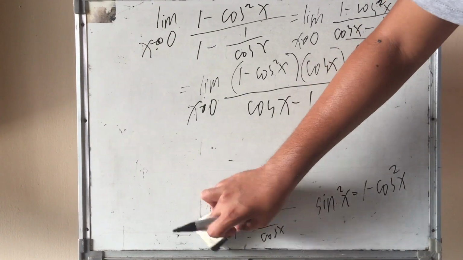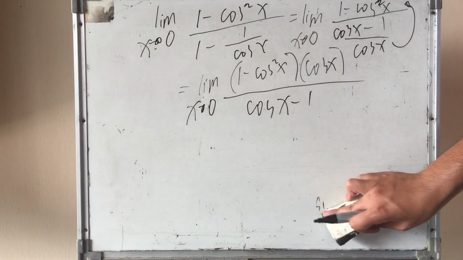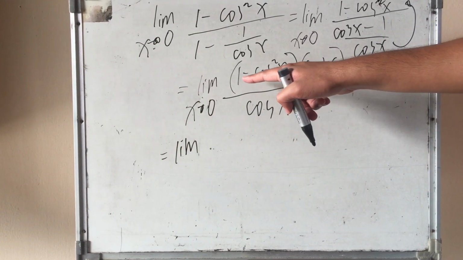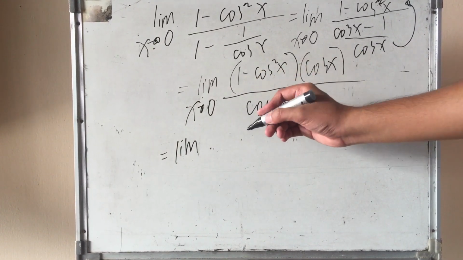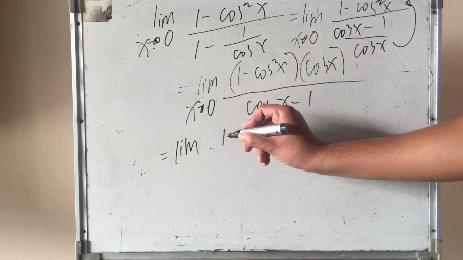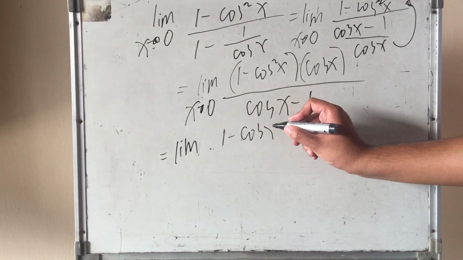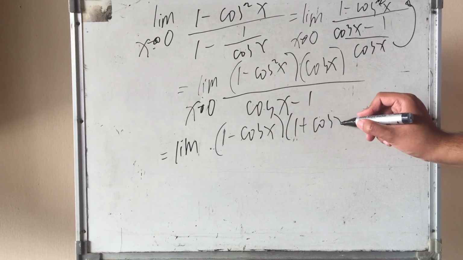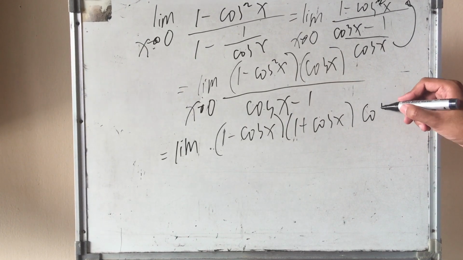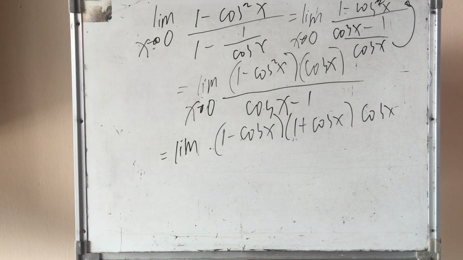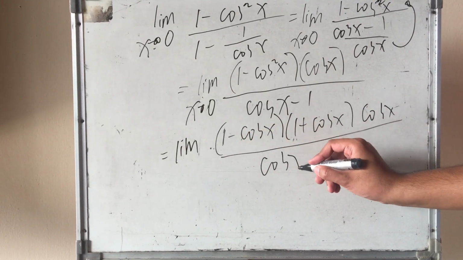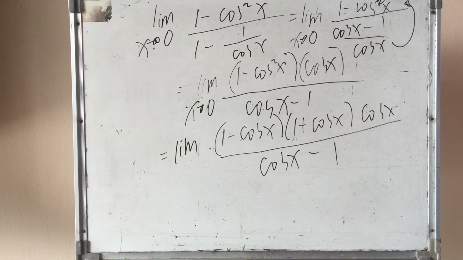Simplifying it further, we have the limit of, factor out 1 minus cosine x times 1 plus cosine x divided by cosine x minus 1. Simplify.